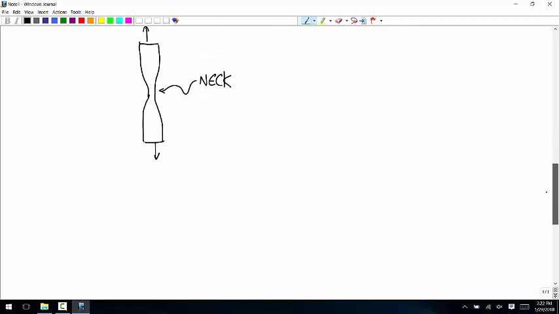Now we're kind of done with the setup for this class. Most of the rest of the semester, what we're going to be doing is trying to figure out how to go from a certain object under a certain configuration of loads to figuring out what the stresses are inside that object.